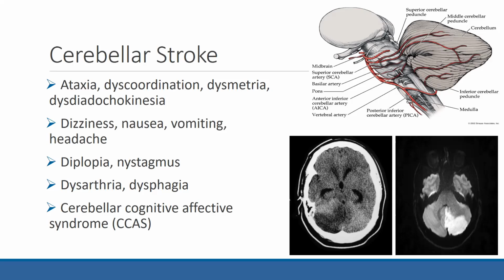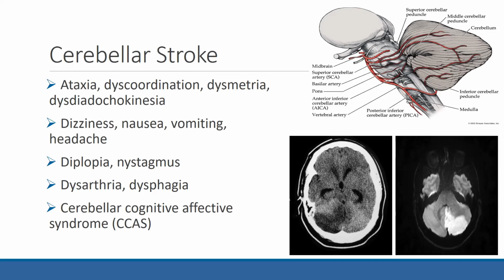And while we think of the cerebellum as being really important for this motor coordination, it's important to keep in mind that the cerebellum does play a cognitive function as well. And so sometimes when you get a cerebellar stroke, you can get something called cerebellar cognitive affective syndrome. And this is basically just a grouping of symptoms, both cognitive and emotional, that result from cerebellar damage.